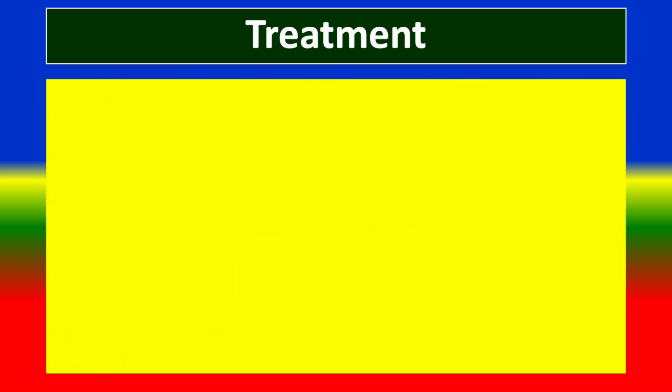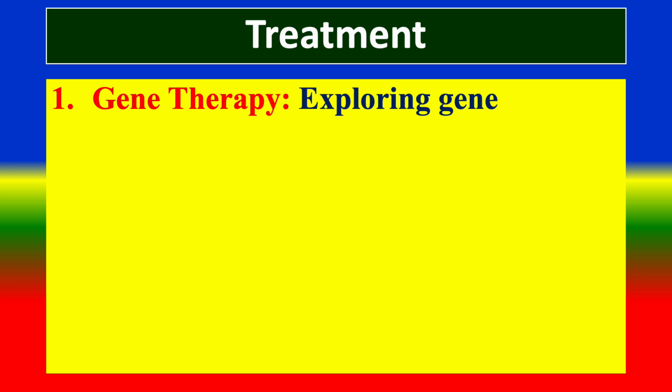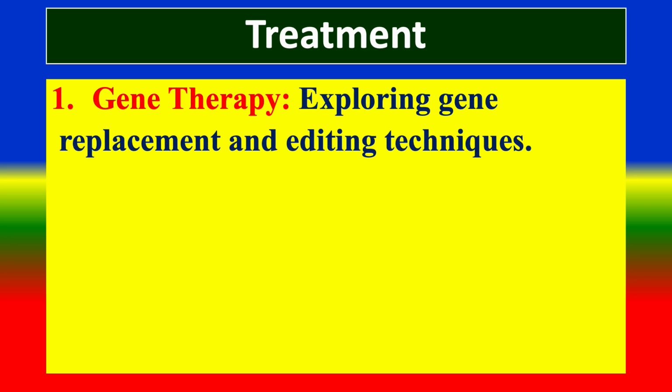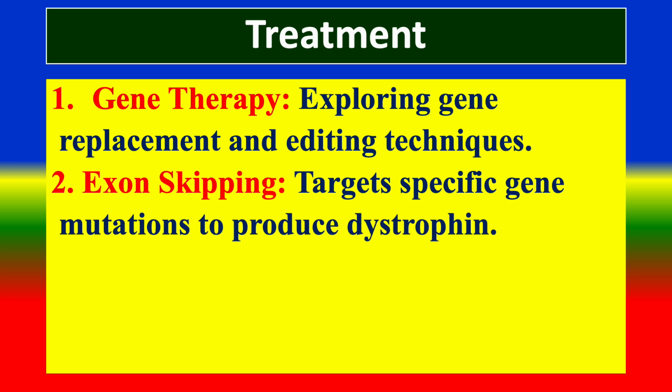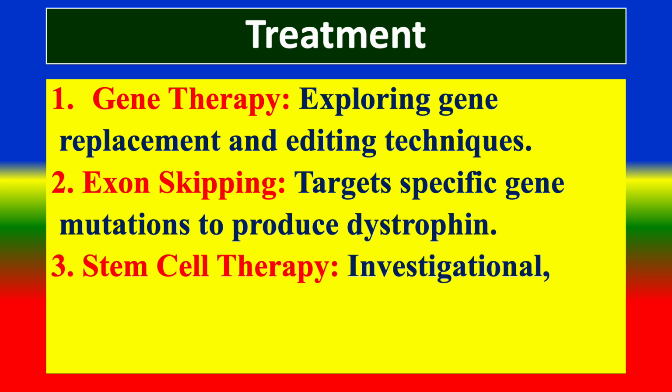5. Psychosocial support, counseling for patient and family, support groups. Treatment. 1. Gene therapy, exploring gene replacement and editing techniques. 2. Exon skipping, targets specific gene mutations to produce dystrophin. 3.